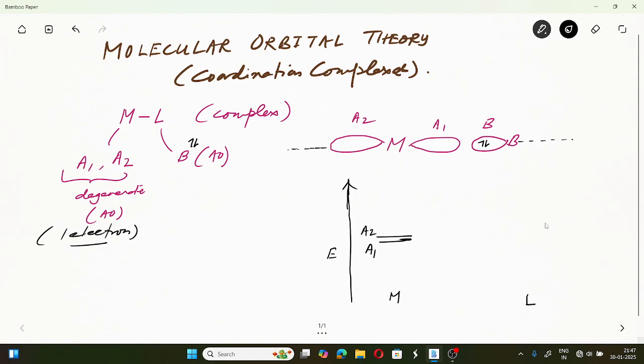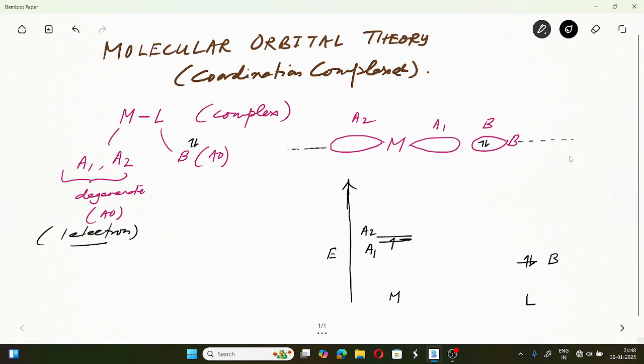And the ligand on the other side, the orbital B, since the donor centers are more electronegative, they have greater orbital electronegativity. So that's why the orbital of the ligand should be of lower energy, its energy will be less compared to this. Okay, so this contains a pair of electrons and there is an electron in the degenerate set of orbitals. This electron can be present either in A1 or A2.